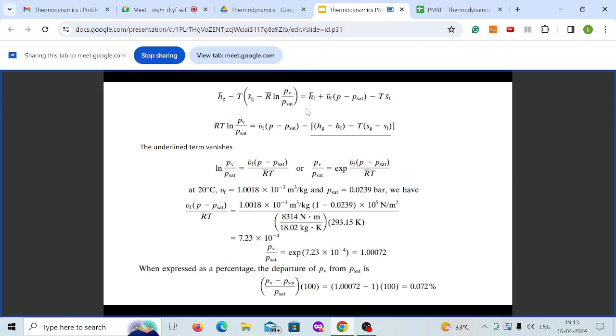So we equated that and found that the enthalpy and entropy terms were cancelling out. So the only unknown was PV. Substituting for 20 degrees Celsius we found the vapor pressure. From the expression PV by Psat, we found the percentage difference between PV and Psat, and it came out to be 0.072%.